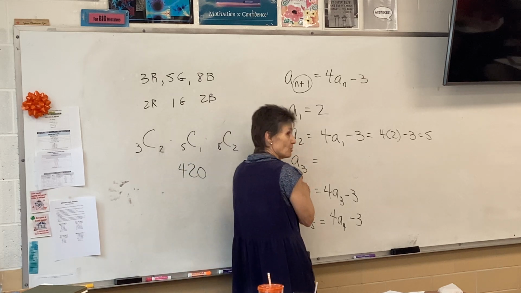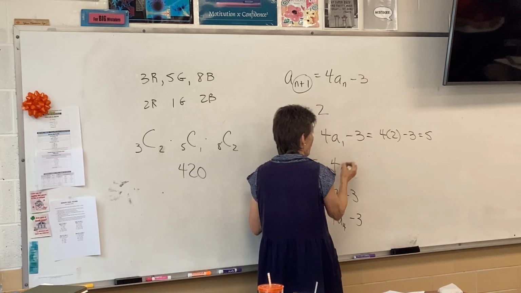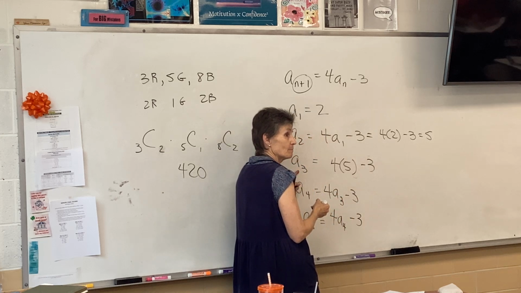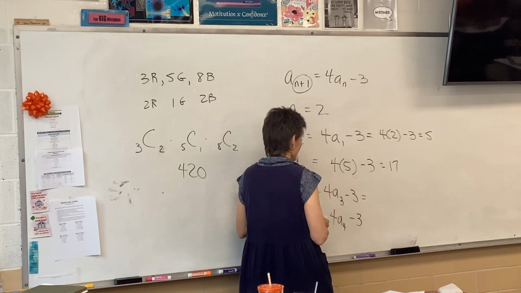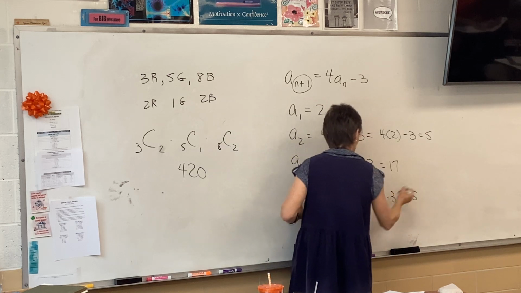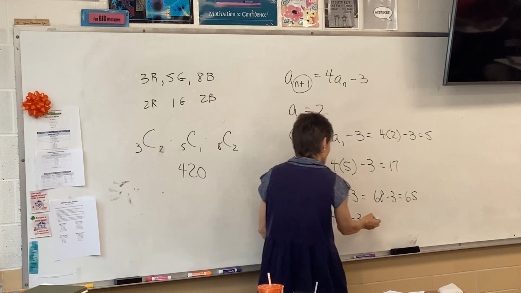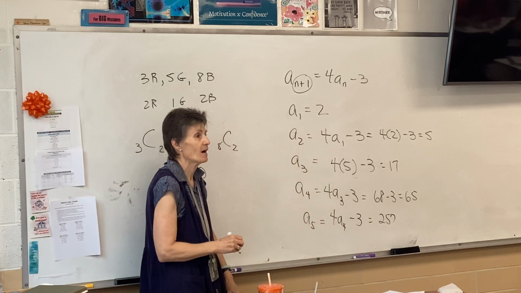Now I know my second term is 5. So what's my third term gonna be? My third term is gonna be 4 times the second minus 3. And then 4 times the third minus 3. And finally, 4 times the fourth. 257. 2 times 65 minus 3.